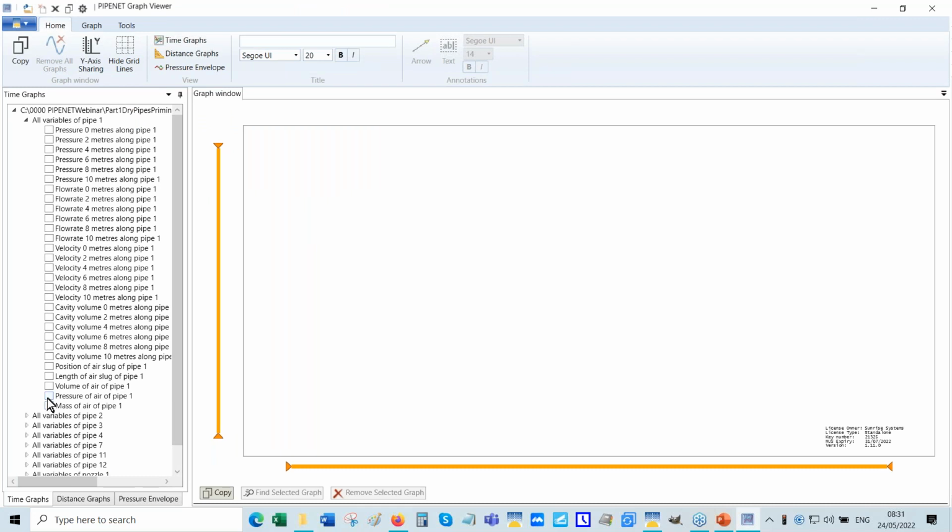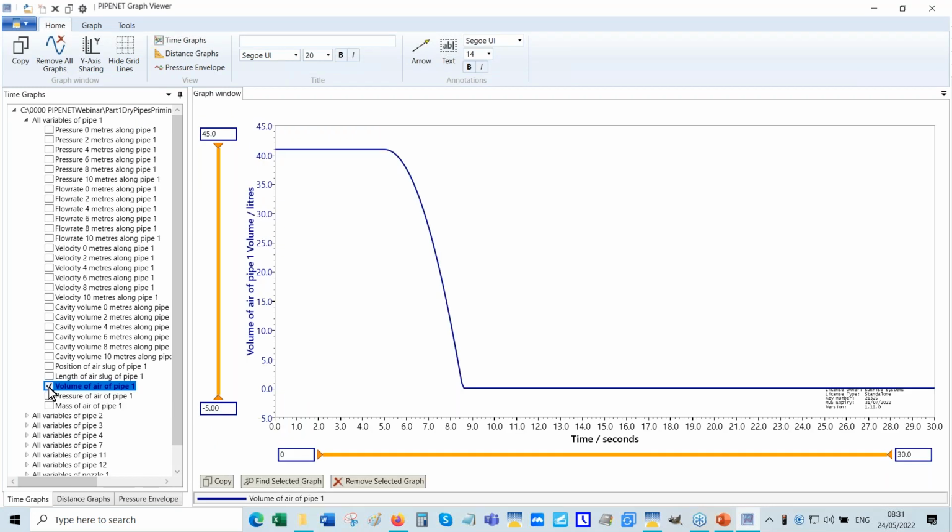Personally, I tend to look at the air volume first because that shows you can see that the pipe is full of air, and we know that the deluge valve starts opening at 5 seconds. So you can see that the air volume in that pipe 1 starts to go down, and the air is fully expelled at about 8.58 seconds. It's pretty quick. It's about 3.55 seconds.